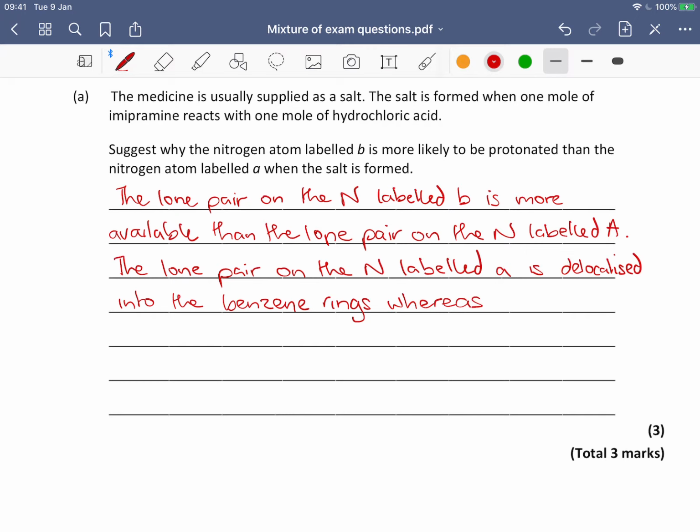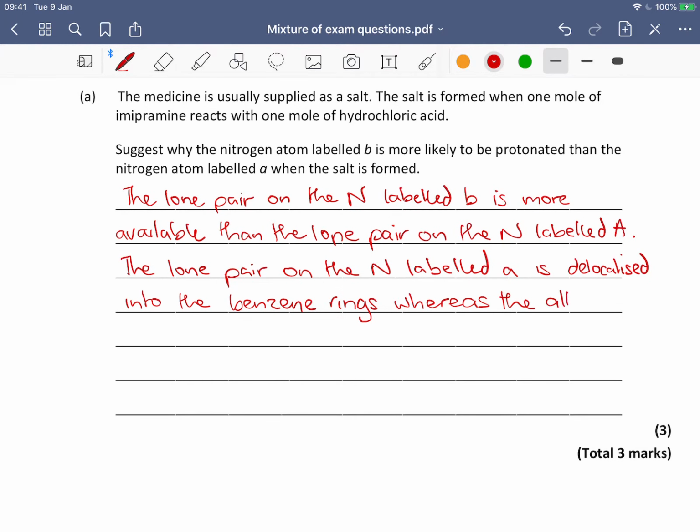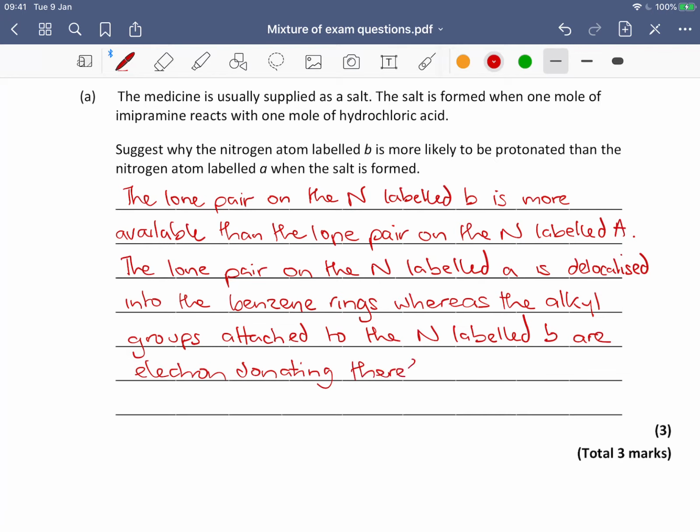Whereas the alkyl groups attached to the nitrogen labelled B are electron donating, therefore increasing the electron density of its lone pair.